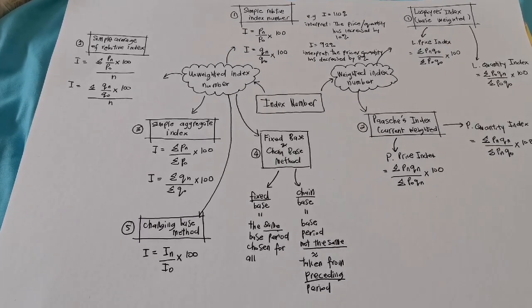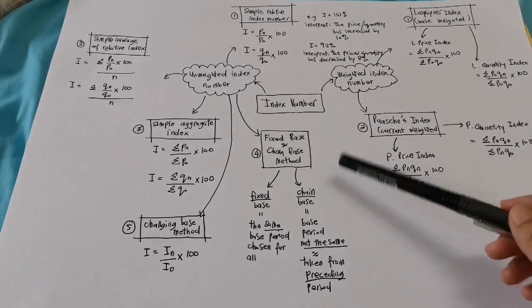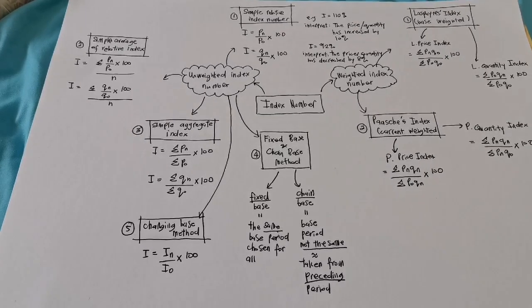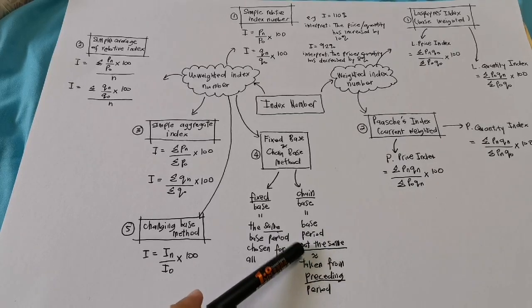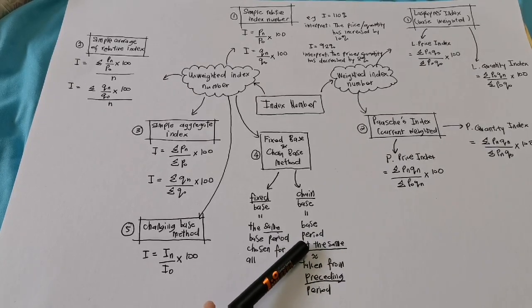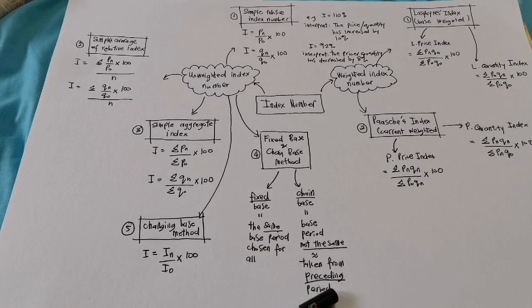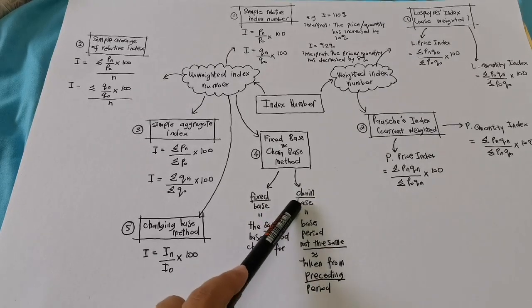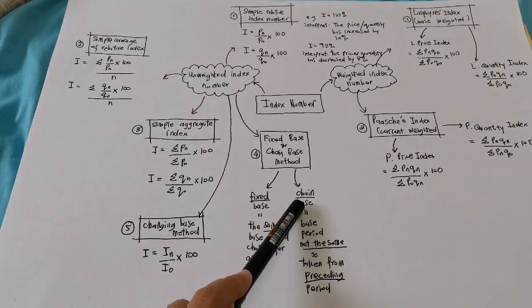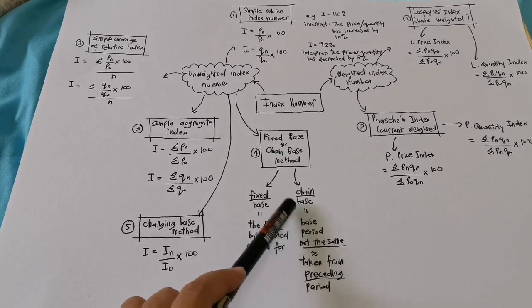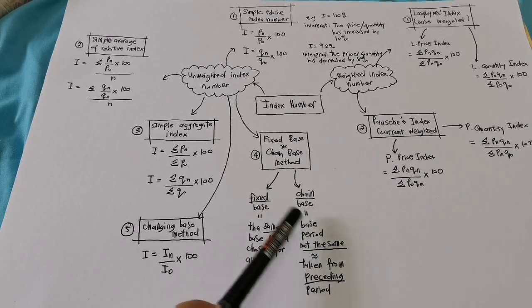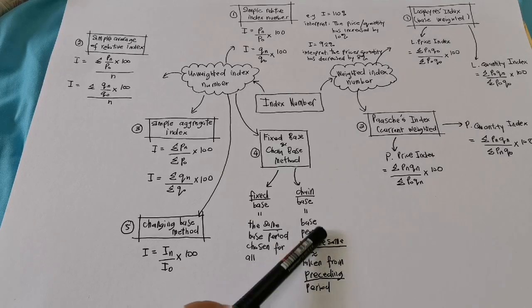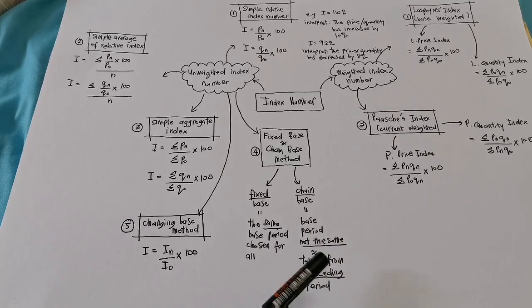It is not the same as the chain base method. For the chain base method, of course, the base period will not be the same for every year. The word chain can also be the word link. Chain or link are the same, which means we are using the period before as the base period.